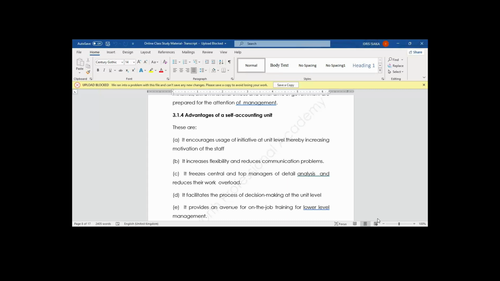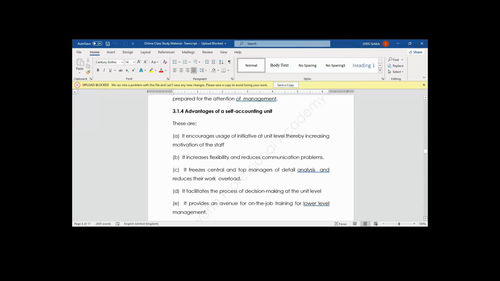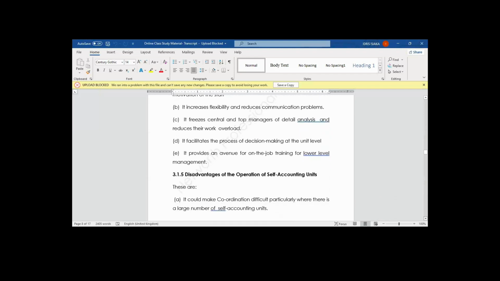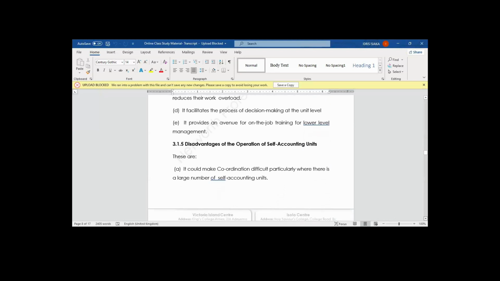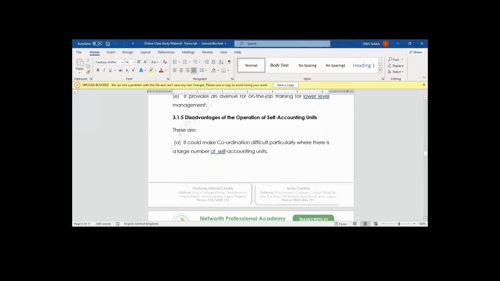It facilitates the process of decision making at unit level. It serves as an avenue for job training. All these are advantages of self-accounting units.